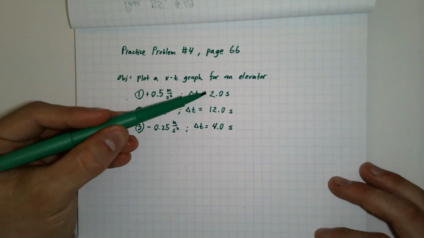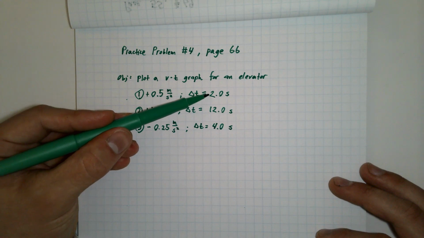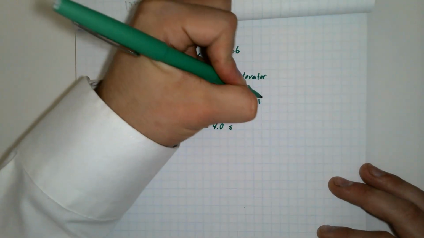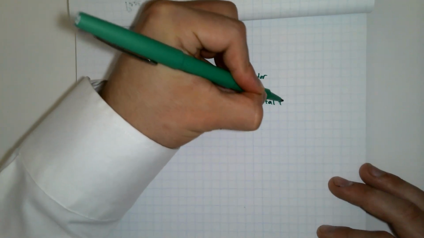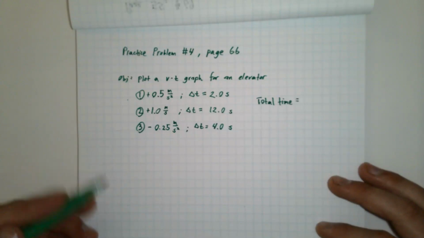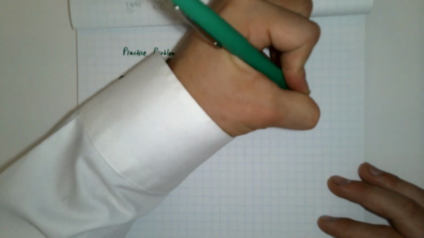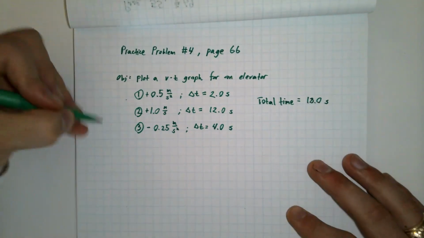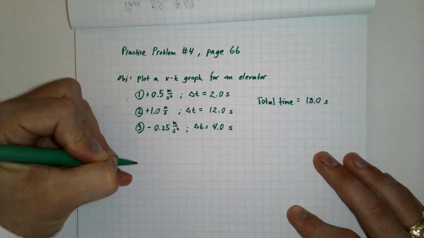We see the total amount of time here is 2 seconds elapse, then another 12 seconds, then 4 seconds. So total time is 2 plus 12 plus 4, which is 18 total seconds. So our elevator rises. Here's our elevator.